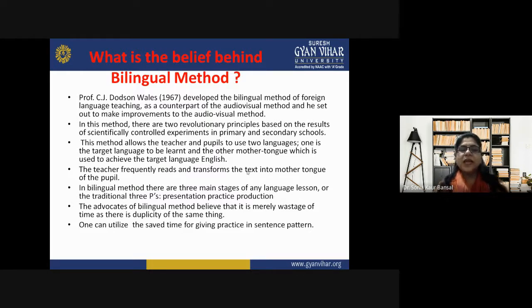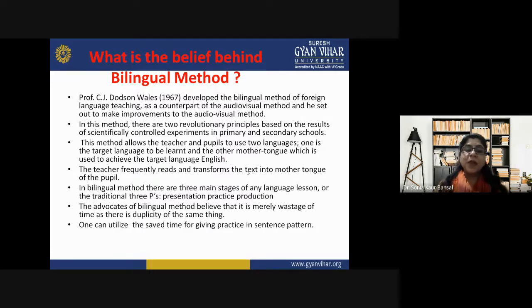There was a time when the audio-visual method was used to learn the English language, but C.J. Dodson felt that with the audio-visual method also, the facilitation of learning the English language is a little poor. So in this method, there are two revolutionary principles, students, based on the results of scientifically controlled experiments in primary and secondary schools.